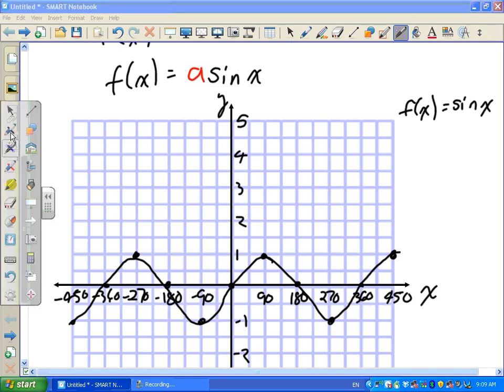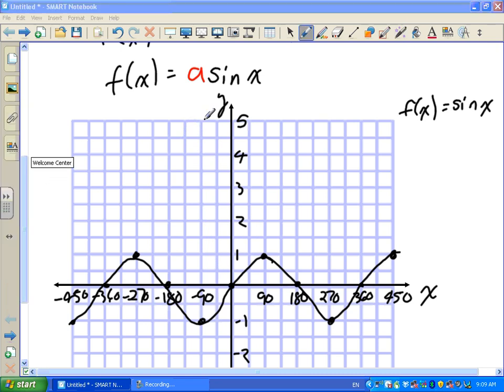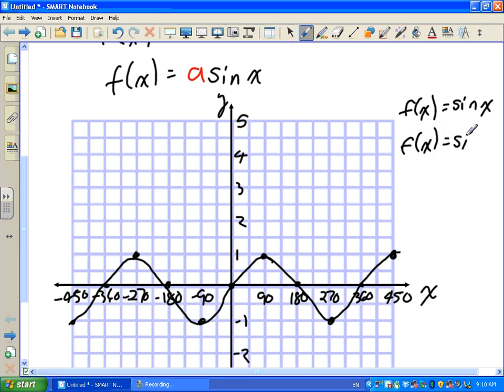So the first one we'll deal with is a movement of K. K is usually the easiest to recognize. Okay? K is up and down. So if you have a function sine x, I don't have a lot of room there.